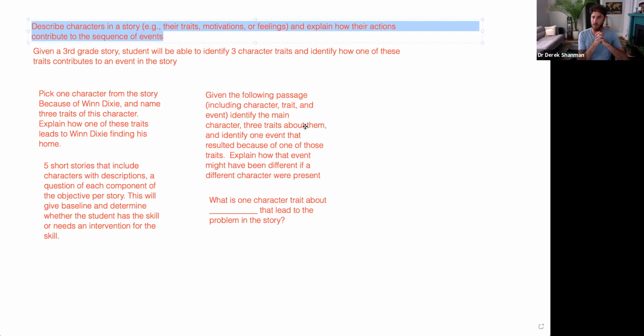I want to give you guys an opportunity to look at a standard, write an objective related to that standard, and come up with a quick assessment for that objective. So take your time, think about it, use materials you already have. If you already have one that you like, that's fine. But I want to see where your heads are at on something like this. Okay? So that will show up on Moodle soon.